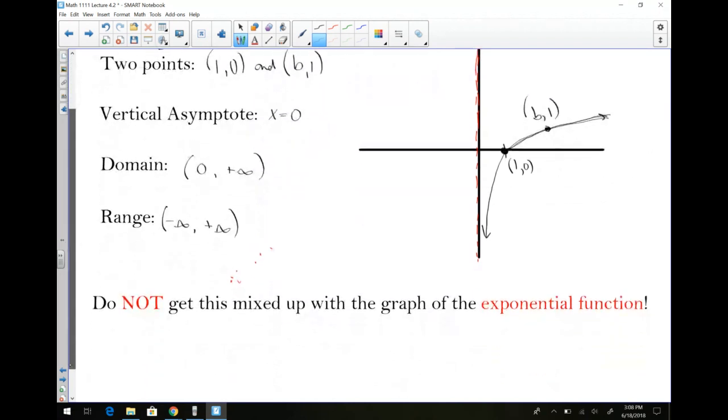Now, be super careful about this. Please do not get this mixed up with the graph of the exponential function. It happens more than you know, almost all the time.